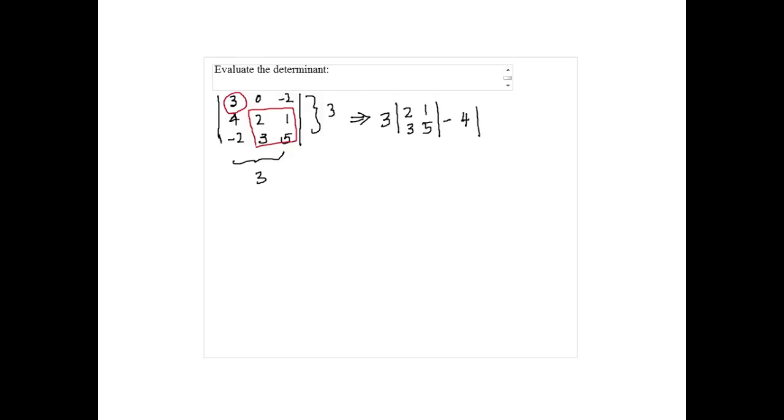Then we subtract 4 times the determinant 0, -2, 3, 5, which is right here. Finally, we add -2 times the determinant 0, -2, 2, 1, which is right here.